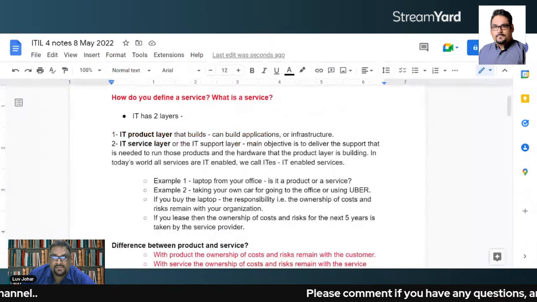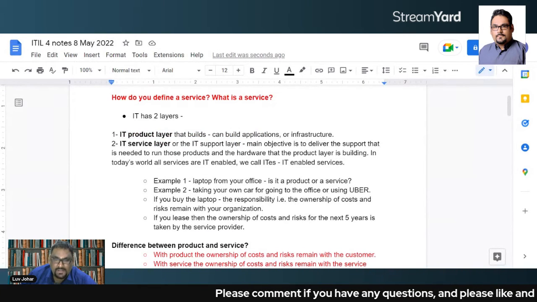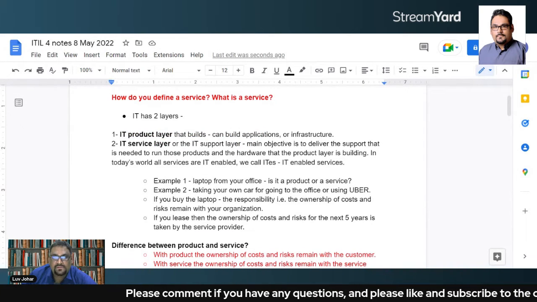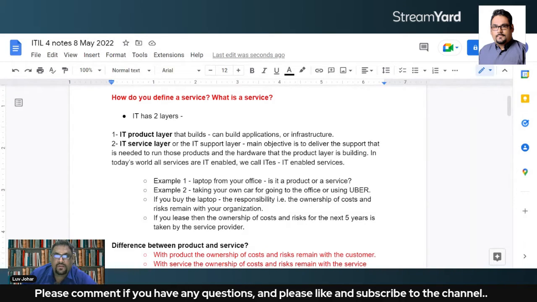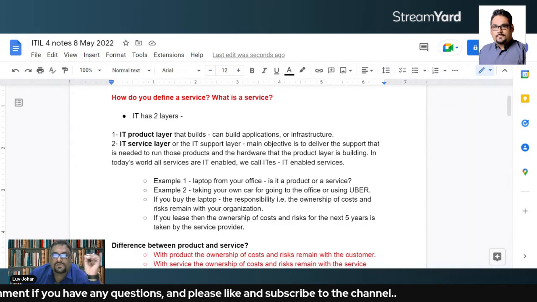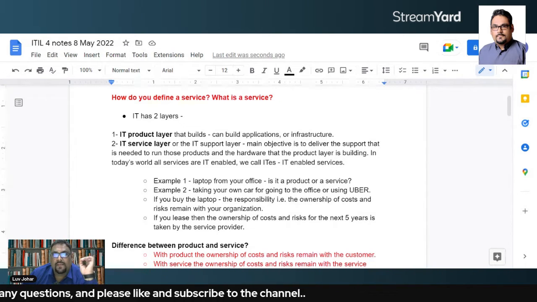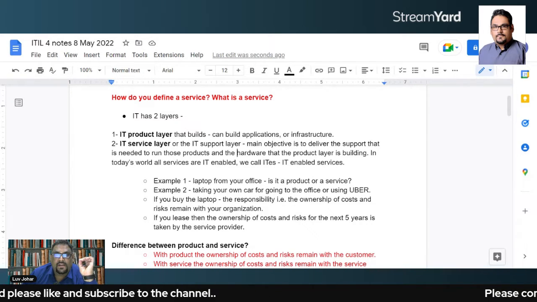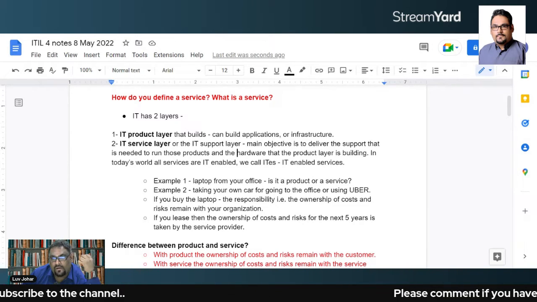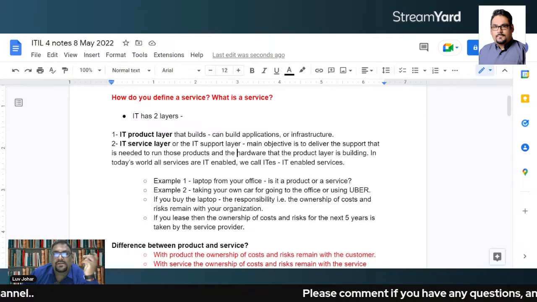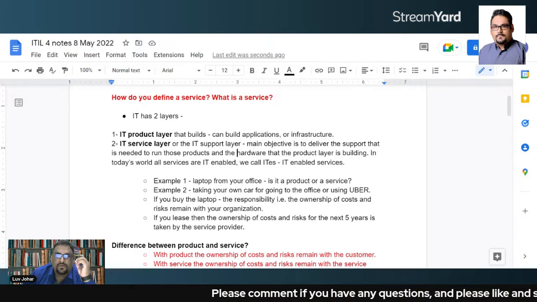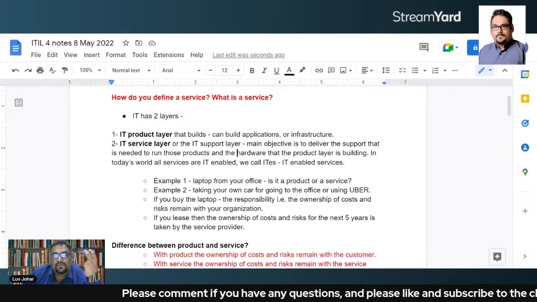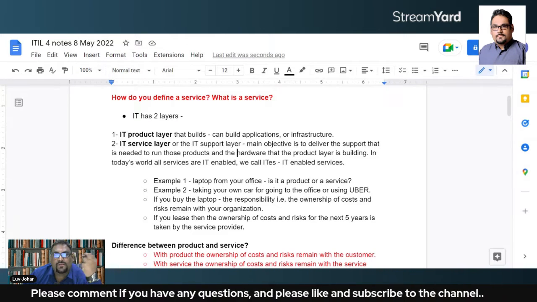As you can see, in any organization, IT has two layers mainly. The first layer talks about building the core applications that the business needs. The second layer is the service layer.